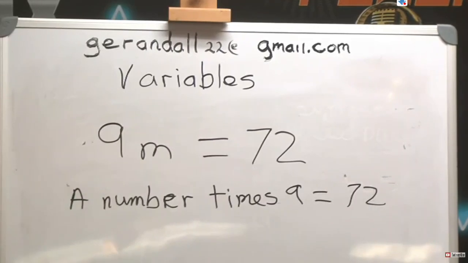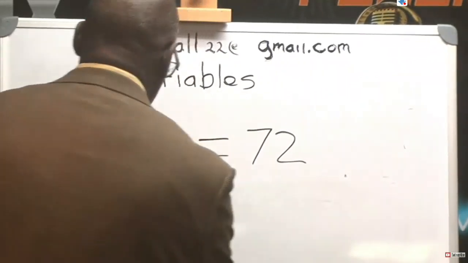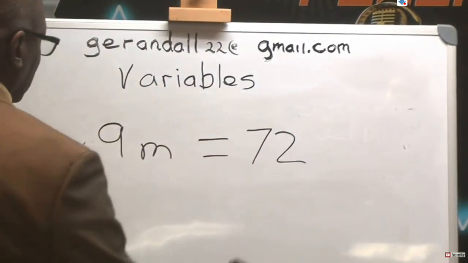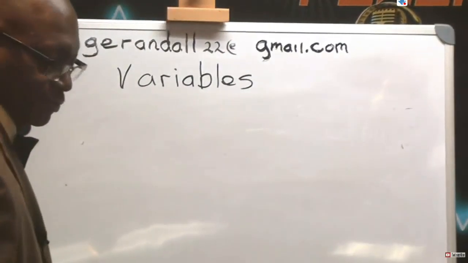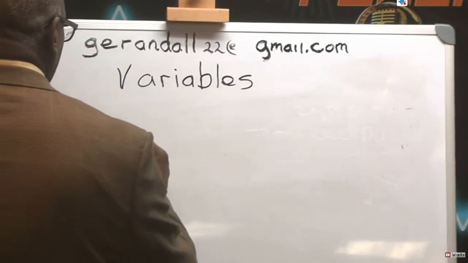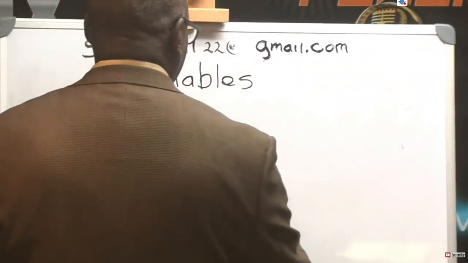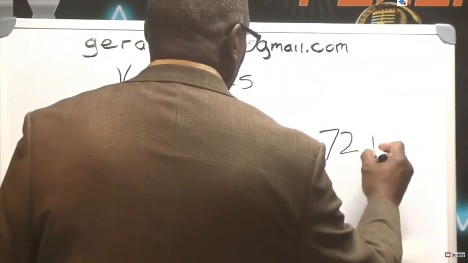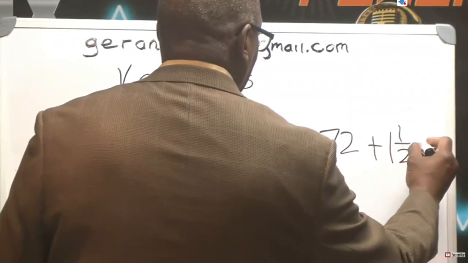Eventually, you won't be able to see what the answer is because you'll get an algebraic problem that will look like this. 9m plus 1/2 equals 72 plus 1 1/2 m.